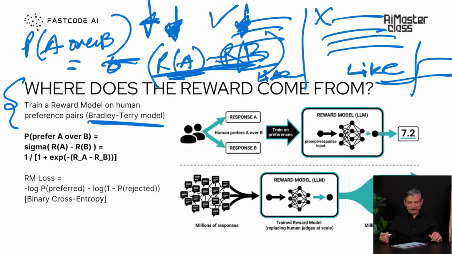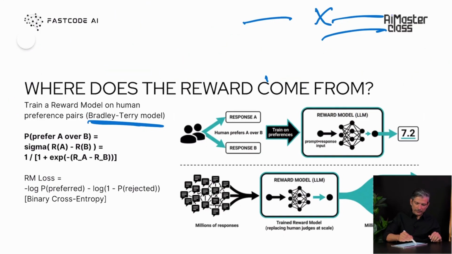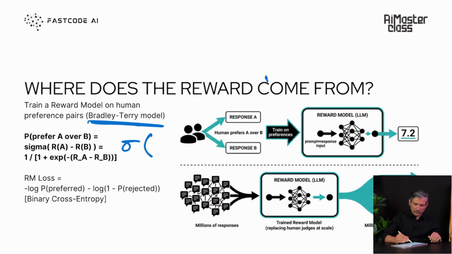What is important is, I have my reward A minus reward B, which goes through the sigmoid, and then the negative log of the correct class.